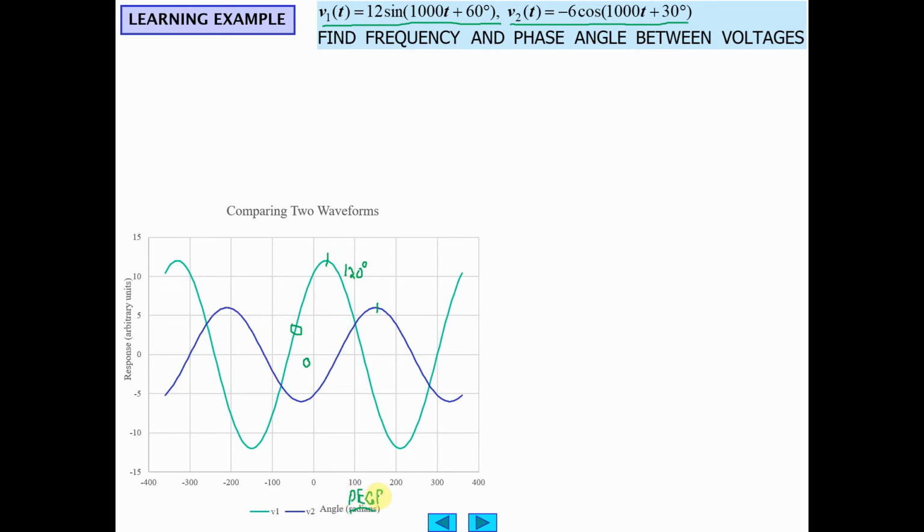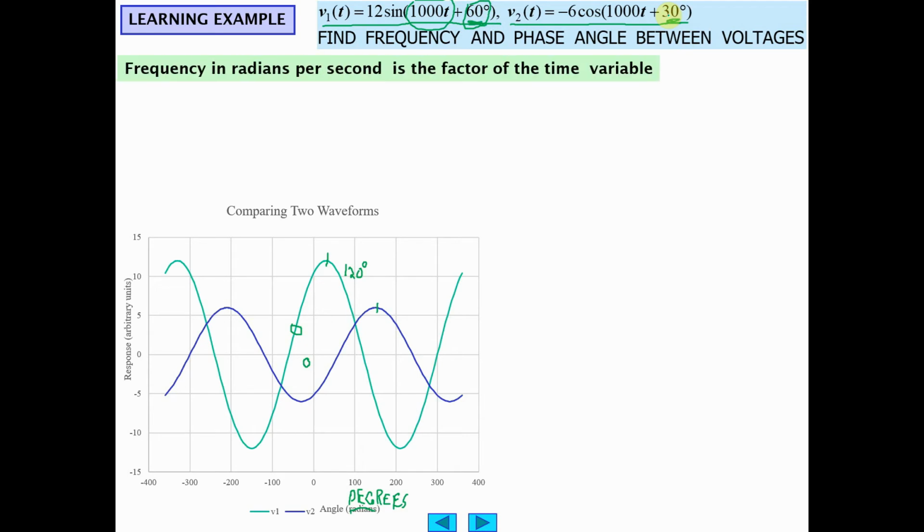I made a mistake on my chart and forgot to label it in degrees instead of radians, so I'm changing that right now. So what we have is a unit of radians here and then degrees here, and we just have to remember that. Just remember this is pi over 3 radians, and this is pi over 6 radians. And that's what they're trying to talk about.